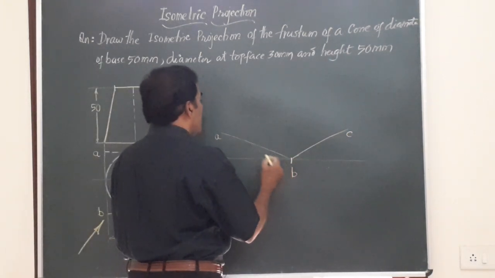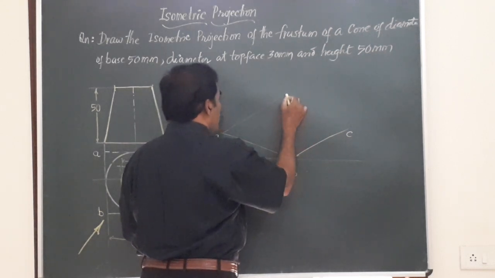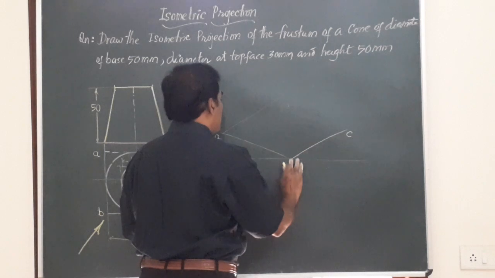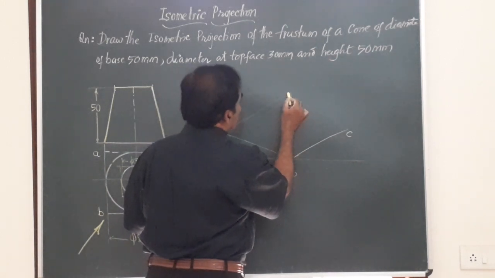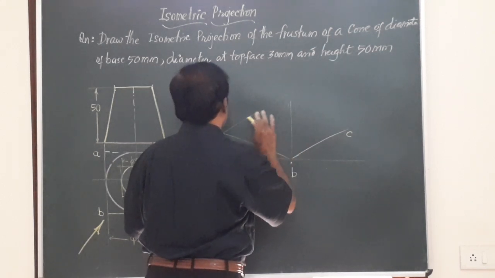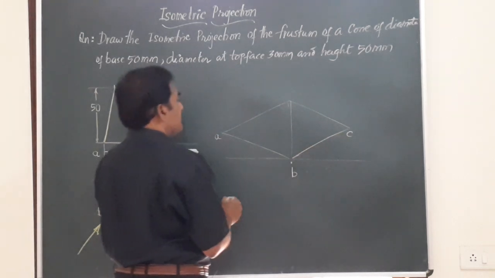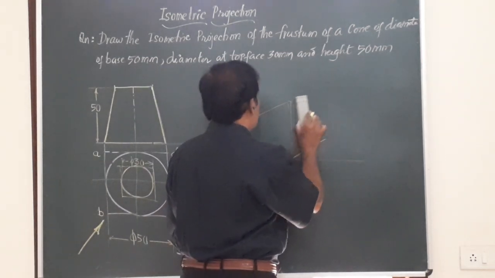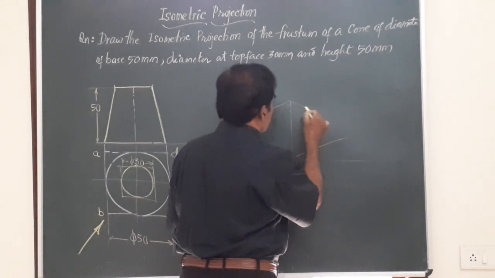Once you have got these two lines, draw lines parallel to them. If you draw the vertical through this point B, it should be perpendicular here, and here we get a line, and another line here. Friends, you are getting a rhombus in this form.